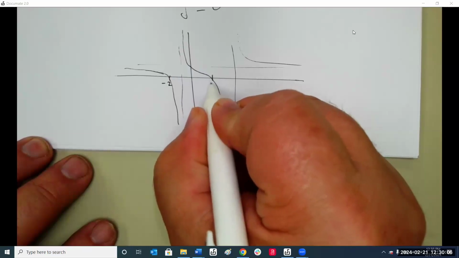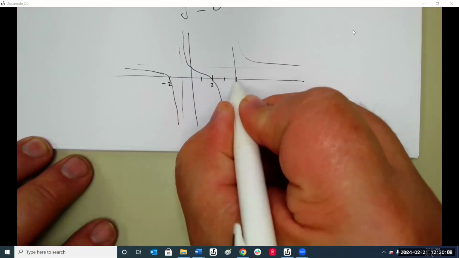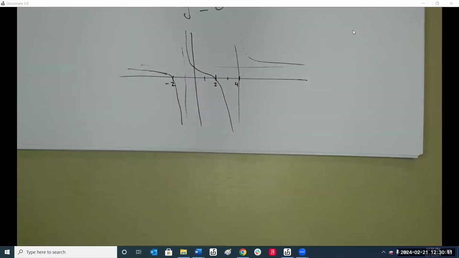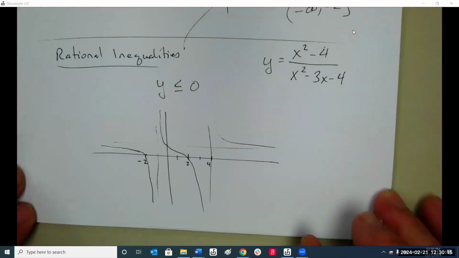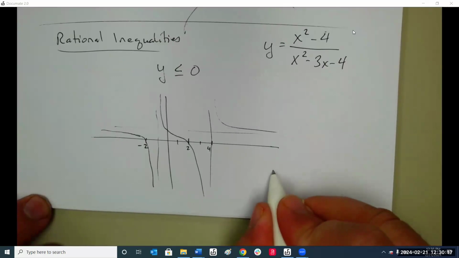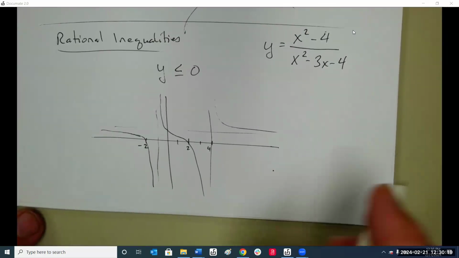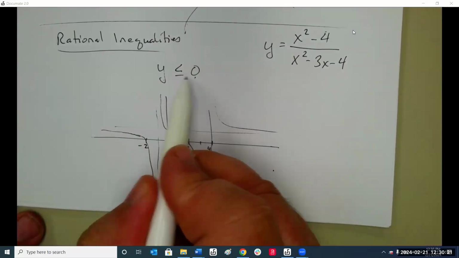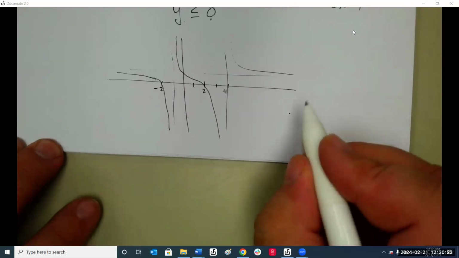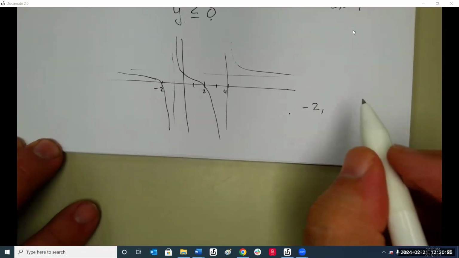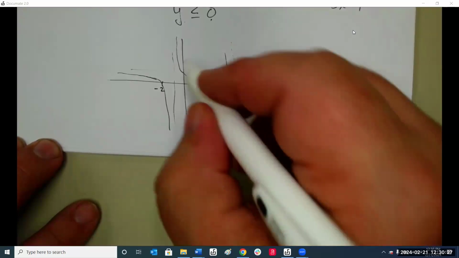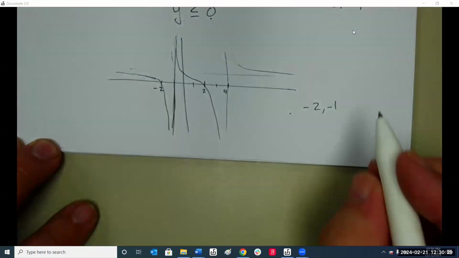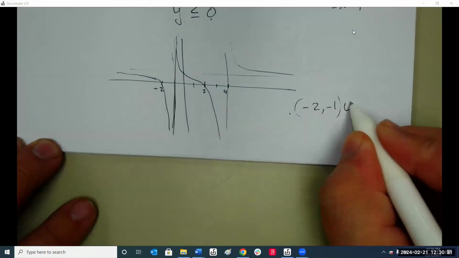This one's at 2. So what would our answer be? No, I want to know where it's below the x-axis. Below. -2 to -1, because that's the asymptote. It's -1. Two.